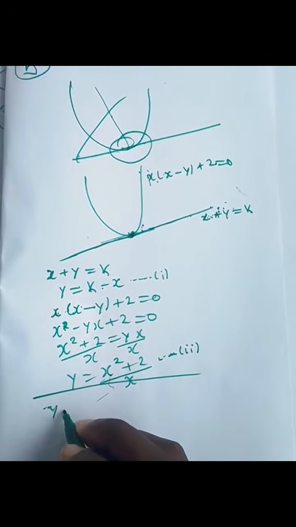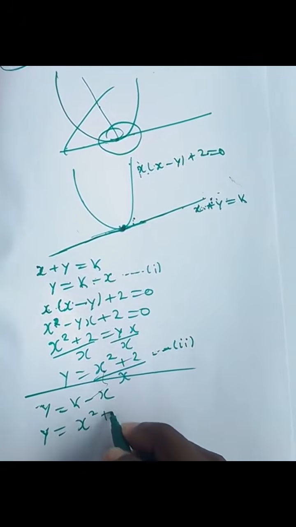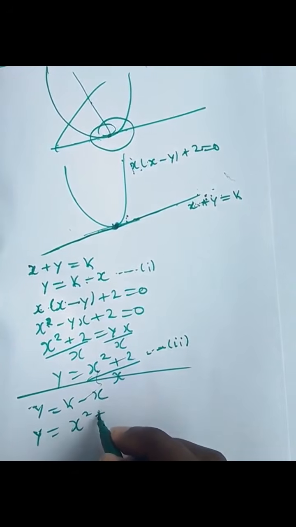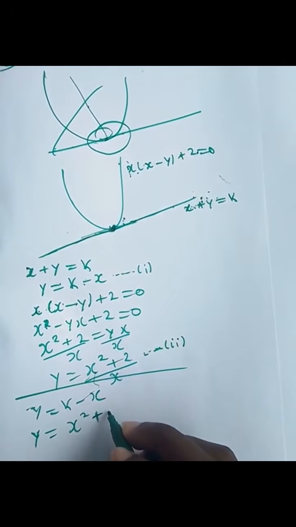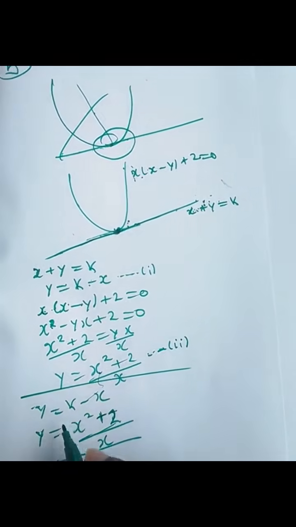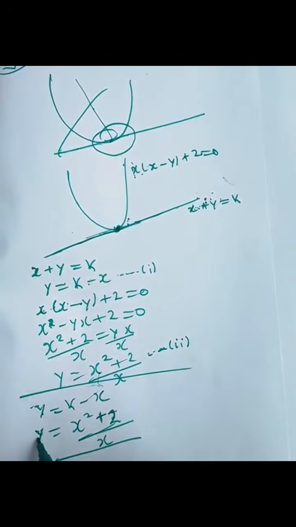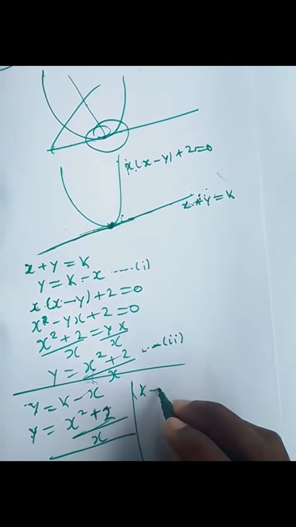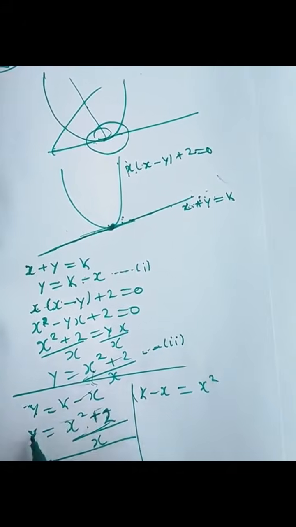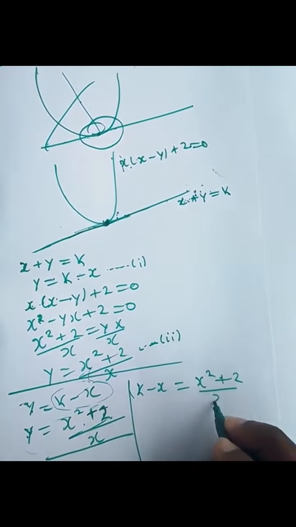So I have y is equal to k minus x, and y is equal to x power 2 plus 2 over x. What you can do is get the whole first expression and substitute for y, so we end up with an equation like this: k minus x equal to x power 2 plus 2 over x.